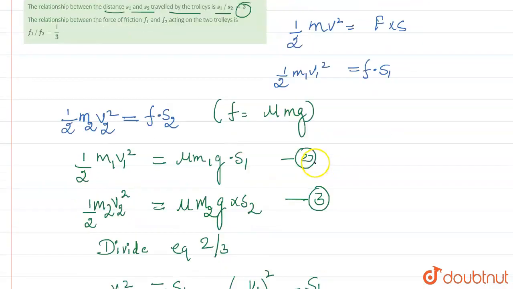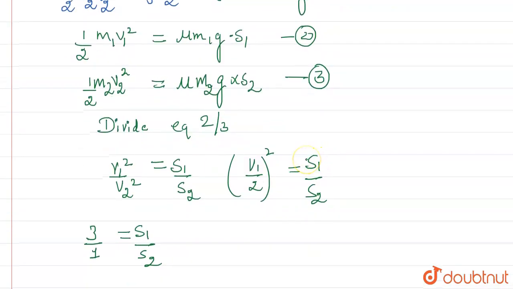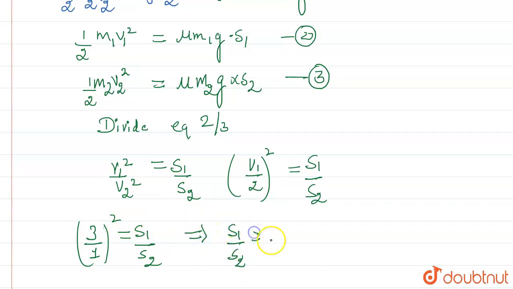But since the ratio of s1 and s2 is the square, s1 by s2 is 9 by 1.